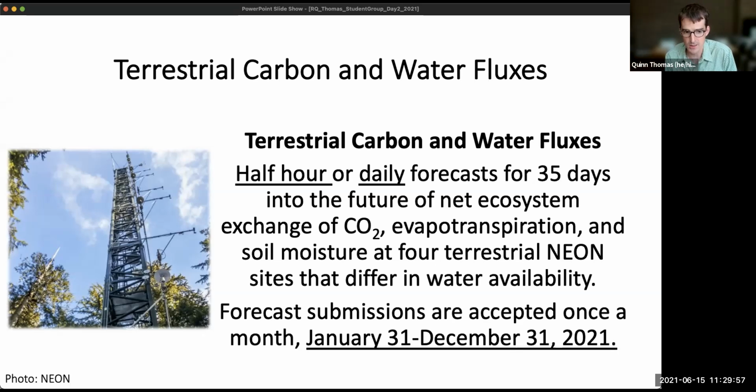Most of the engagement has been through the CO2 and the evapotranspiration side of things. And it's across 4 NEON sites that differ in water availability. And the forecast submissions are accepted once a month, pretty much through the entire year of 2021.